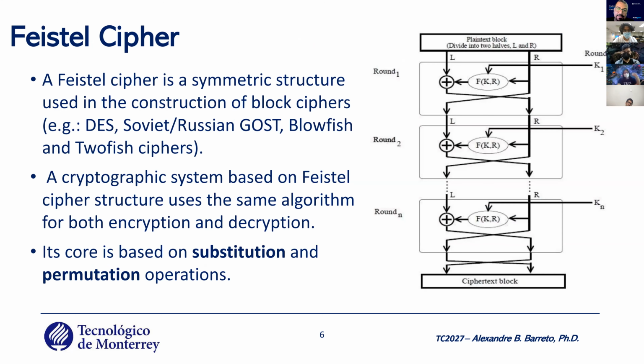To understand the symmetric cipher, one very important theoretical model is the Feistel. Okay, a Feistel is a symmetric structure. A lot of block ciphers use the Feistel, for example, DES, the GOST, the Blowfish, and Twofish.